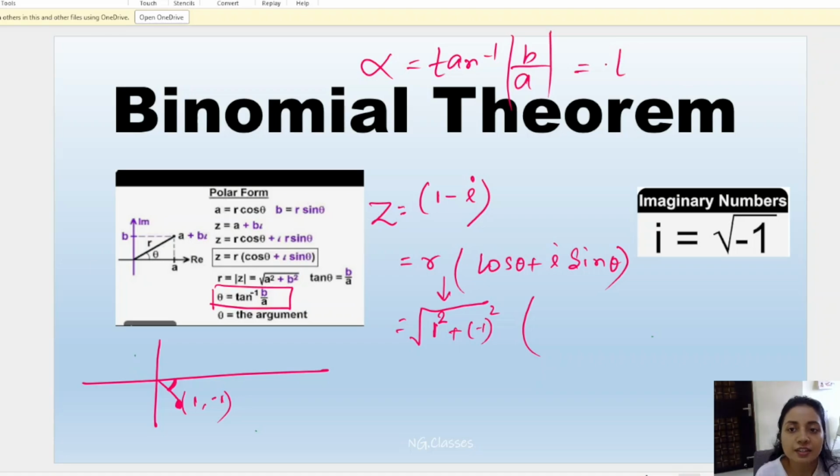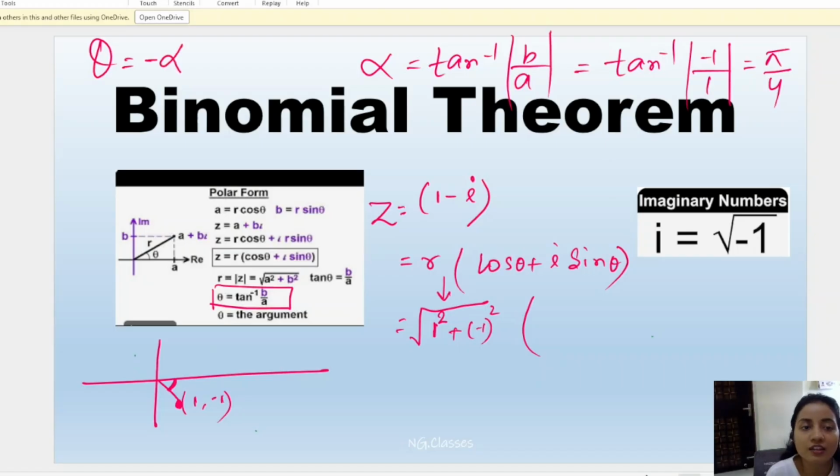So tan inverse of -1 by 1 in modulus, which is nothing but just pi by 4. Theta equals minus alpha in the 4th quadrant, so we'll be taking minus pi by 4. So we are getting cos(-pi/4) + i sin(-pi/4).